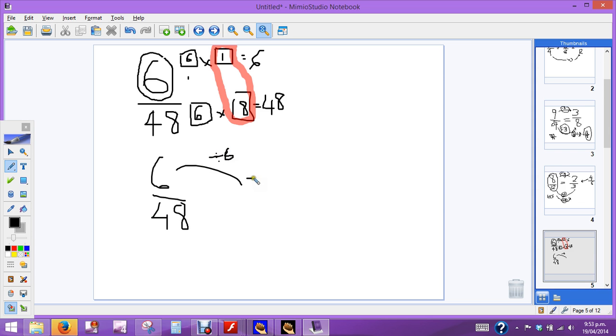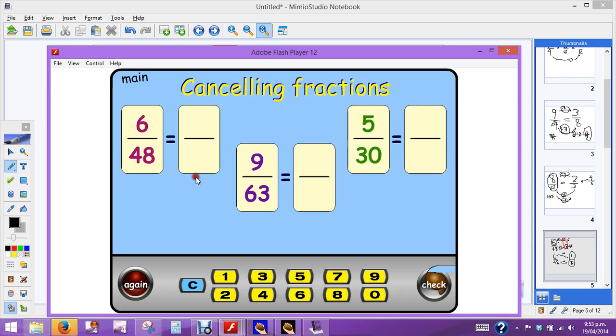Six divided by 6 is 1, and 48 divided by 6 is 8. So I've got 1/8 here. So let's go back to where we got this problem from. 6 out of 48 becomes 1/8.